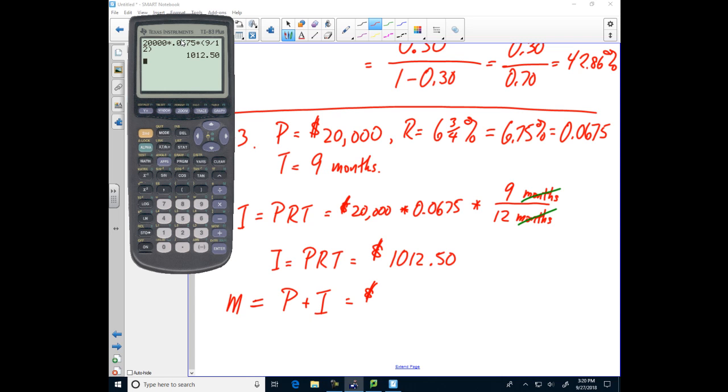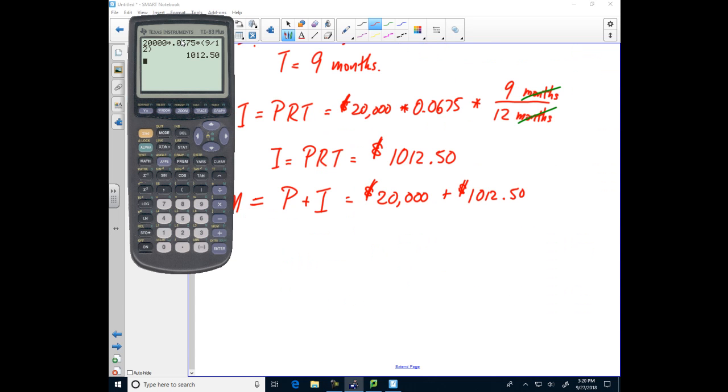So the principal is $20,000 plus the $1,012.50. So M equals $21,012.50. And you can do it on the calculator if you want to.